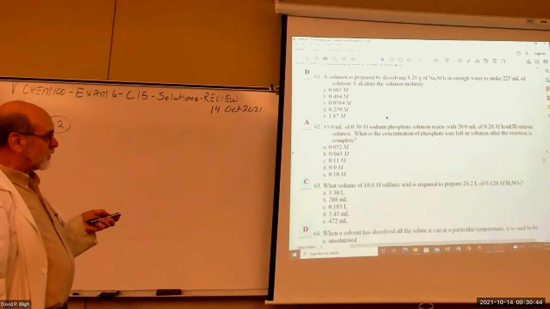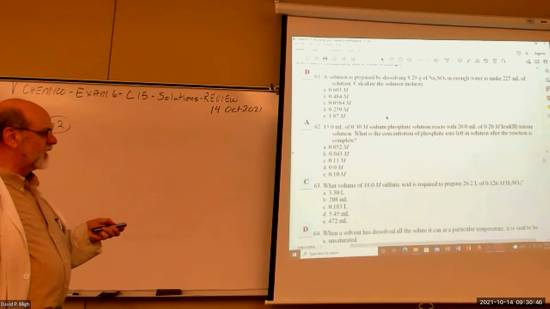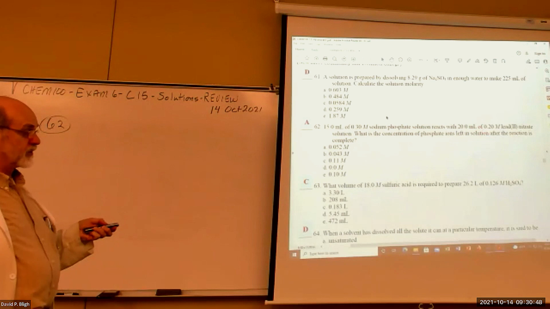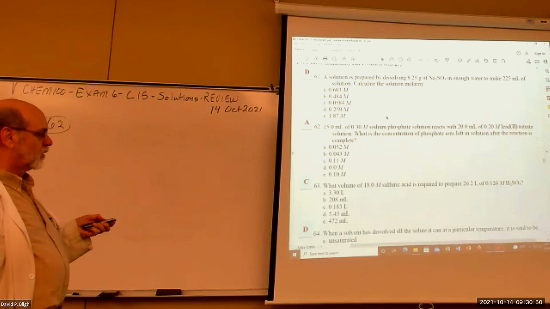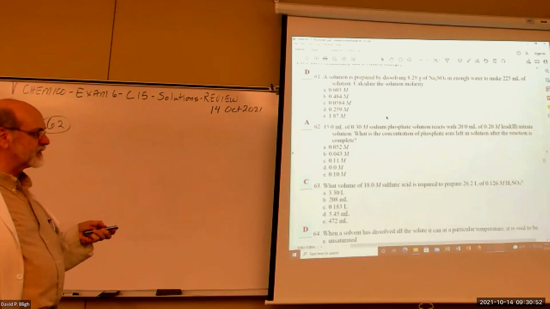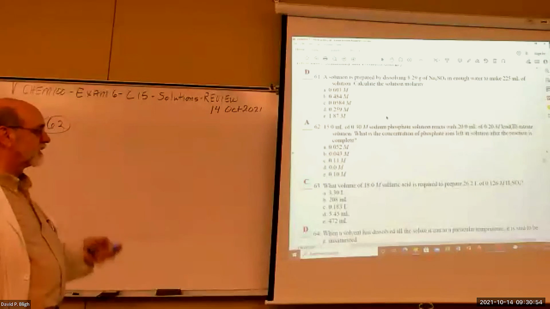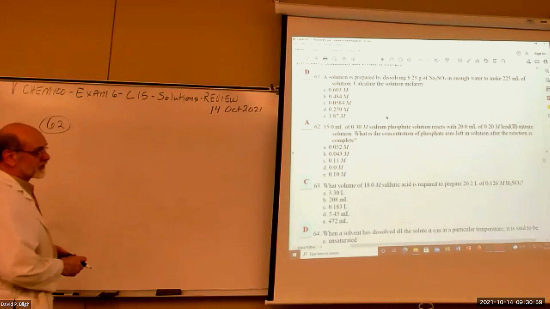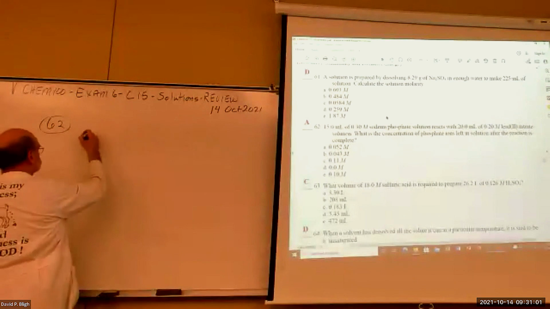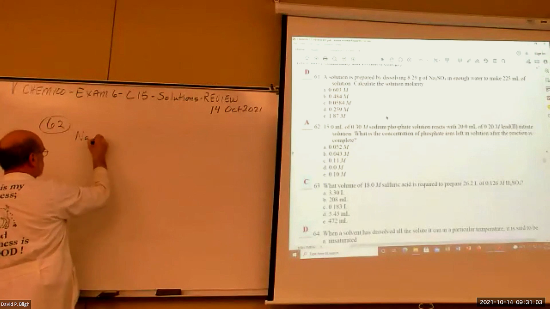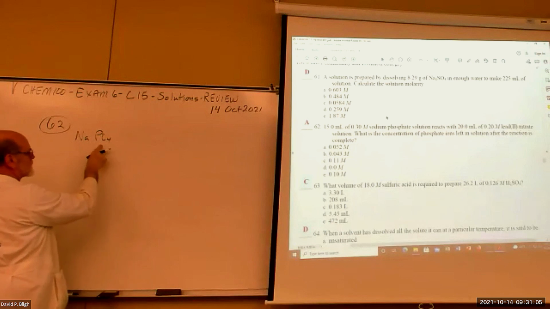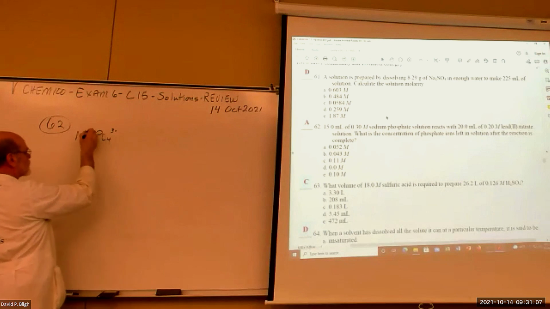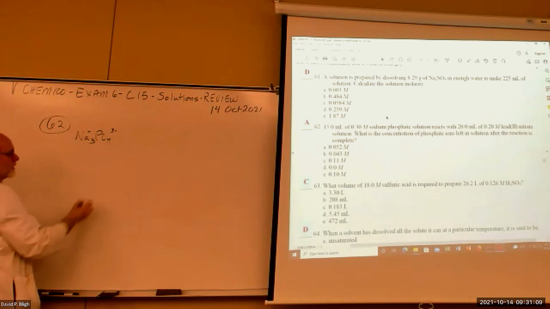15 milliliters of 0.3 molar sodium phosphate react with 20 milliliters of 0.2 molar lead-2 nitrate. What's the concentration of phosphate ion left in solution after the reaction is complete? Okay, we need a balanced equation. So we've got sodium phosphate. This is 3 minus, this is 1 plus, so we need 3 of those.